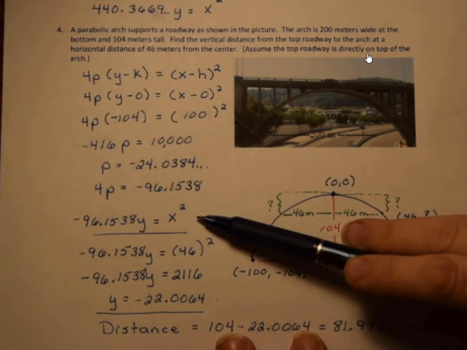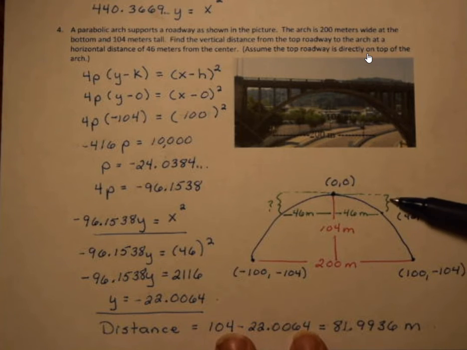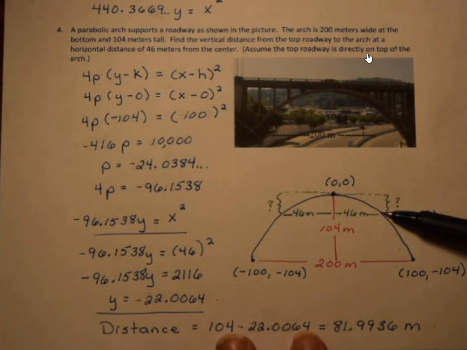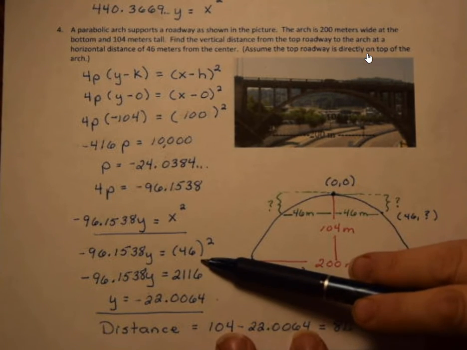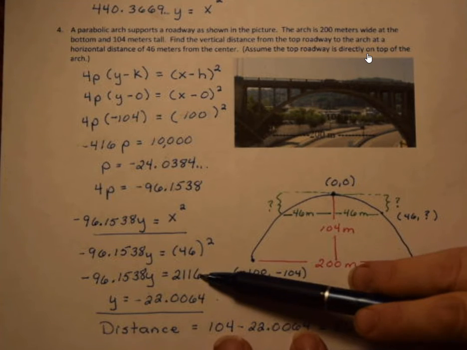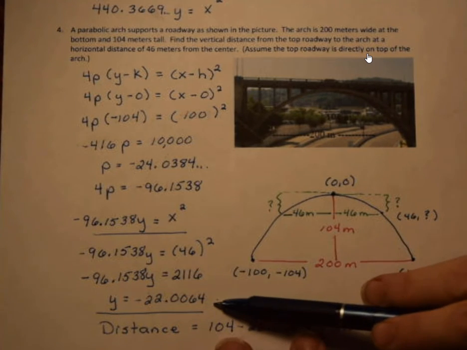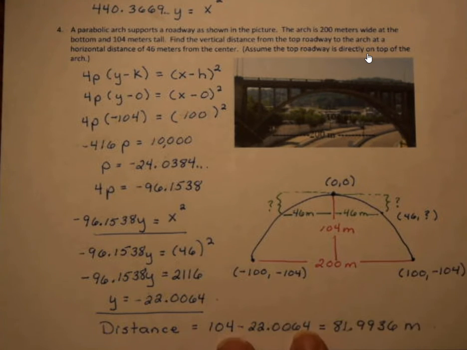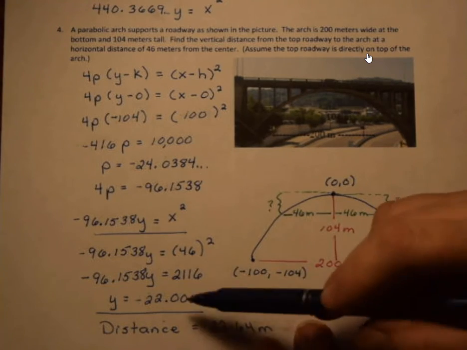Okay, so then it wants to know this distance. Well, we know the x value would be 46. So plug in 46 squared, divide, and you get a y value of 22.0064. Okay, so what does that mean?